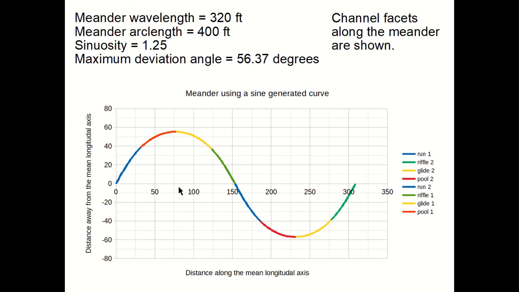Now for this particular example, I made the riffle, the run, the pool, and the glide all to be equal length, or 25%. So you can see, working along the arc then, I would take the length of the riffle, except that's not the riffle, that's the run. So let's start again.